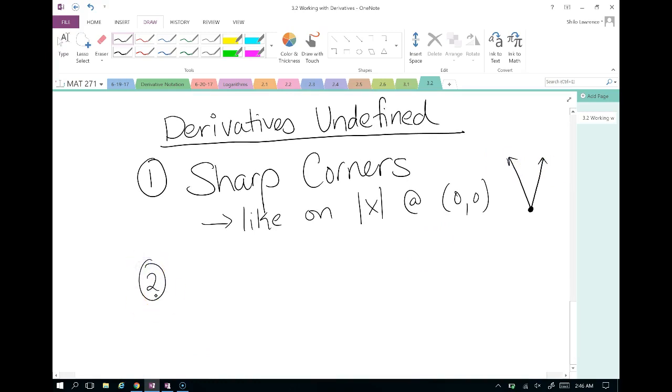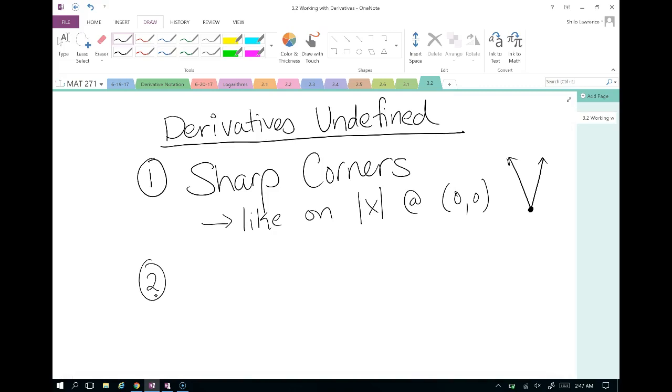Some other places that we cannot do derivatives. When f of x is not continuous. If the graph is not continuous, we can't take the derivative. If it's not continuous, there are several different ways that would make it not continuous that we talked about in the last chapter.